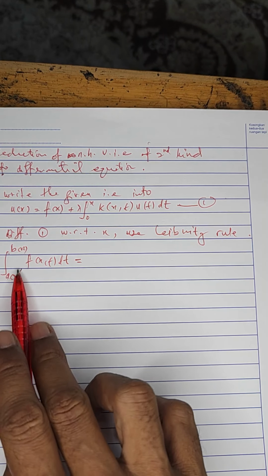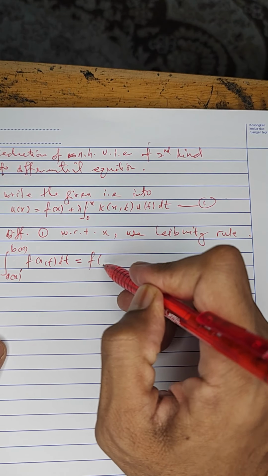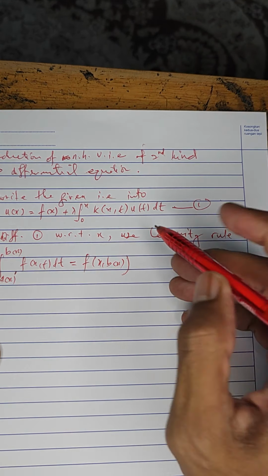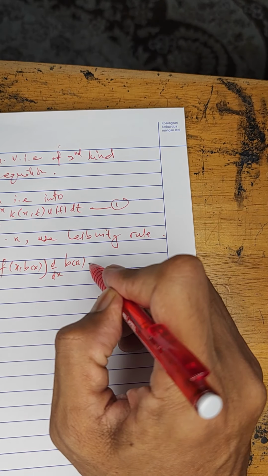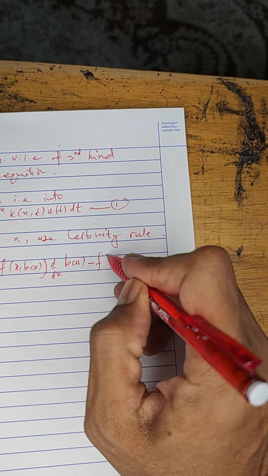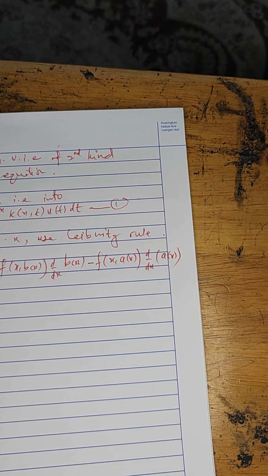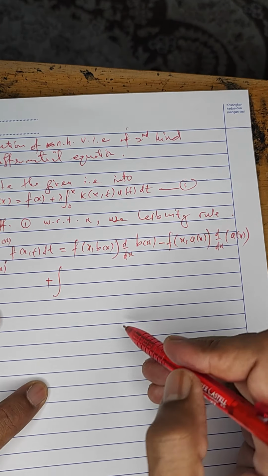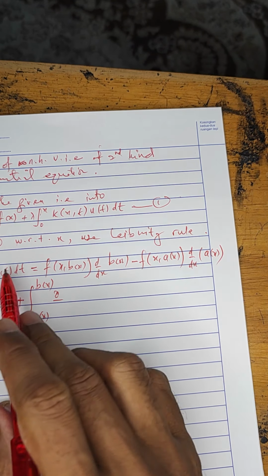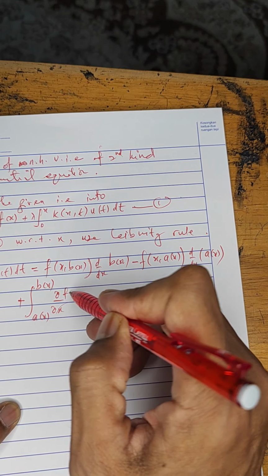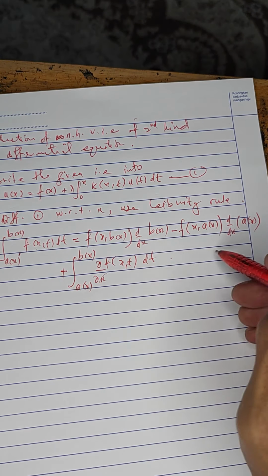This is equal to, we evaluate the function at the upper limit, so we have f(x,b(x)), then we differentiate the upper limit, d/dx b(x), minus, then we evaluate at the lower limit f(x,a(x)), and differentiate the lower limit a(x), plus we integrate from a(x) to b(x) the partial derivative with respect to x of f(x,t) dt. Okay, so this is the Leibniz rule.